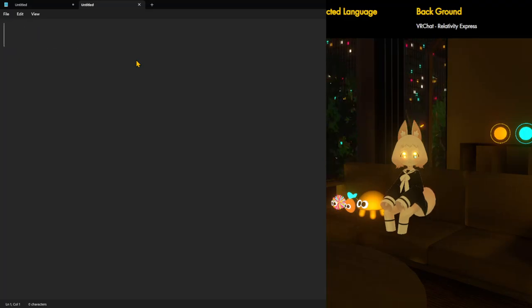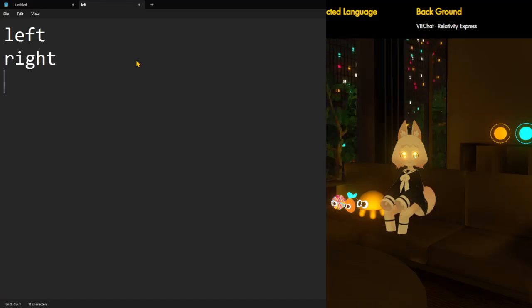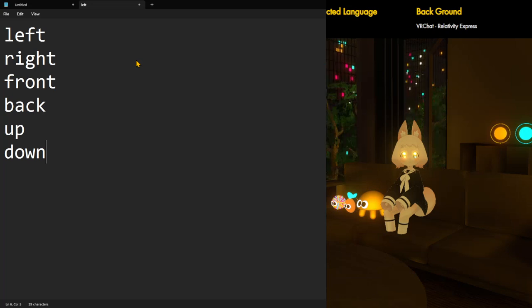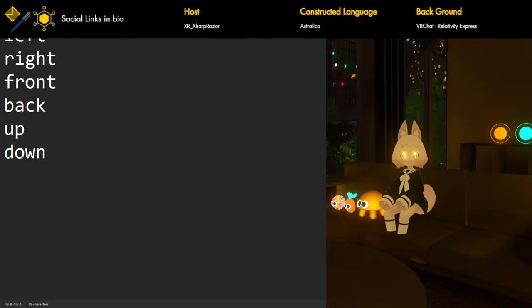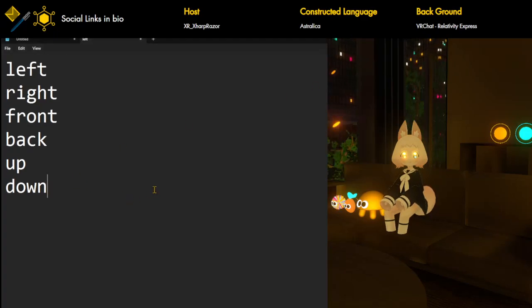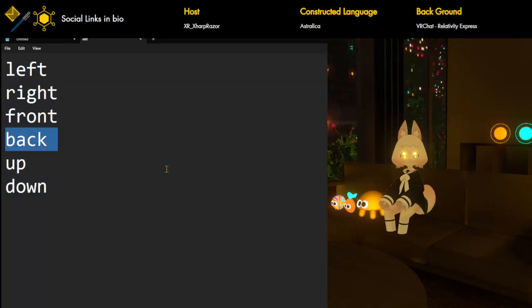As you can see, for example, in English, if we want to say a direction, we can go left, right, front, back, and up and down. Now the problem is, we as native speakers already get used to this, and we don't even care whether there is any pattern.